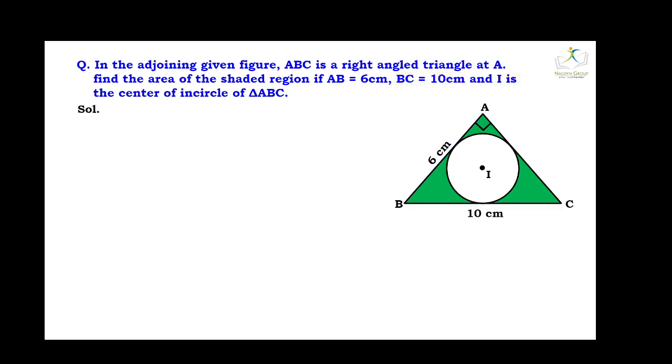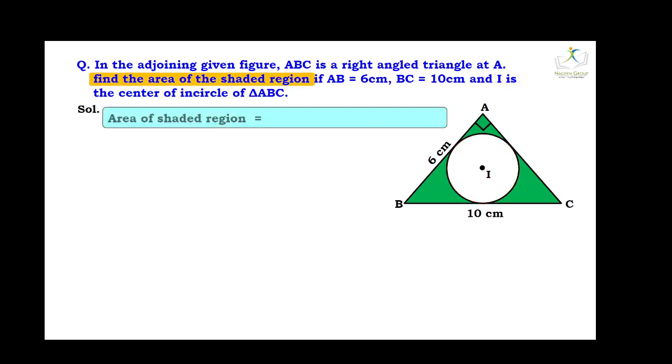Now in a right angle triangle, two sides we know, and the side opposite to 90 degree is the hypotenuse. Automatically we can find the other side also. That is not a problem for us to find side AC. Now we have to find the area of the triangle. Half into base into height, so base and height should be the adjacent arms of the right angle. So we want AB and AC.